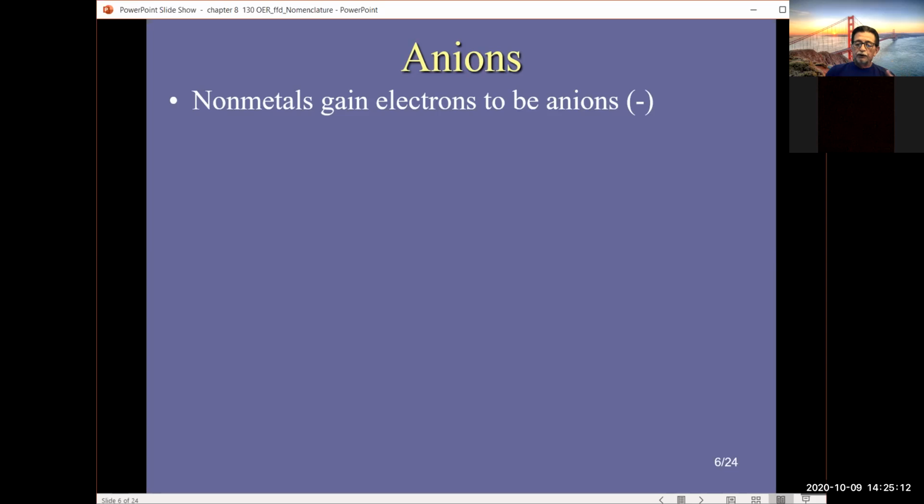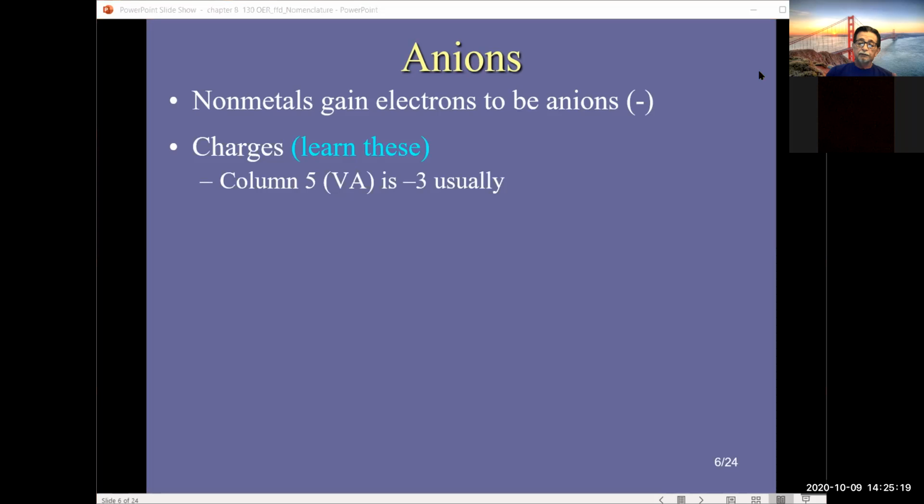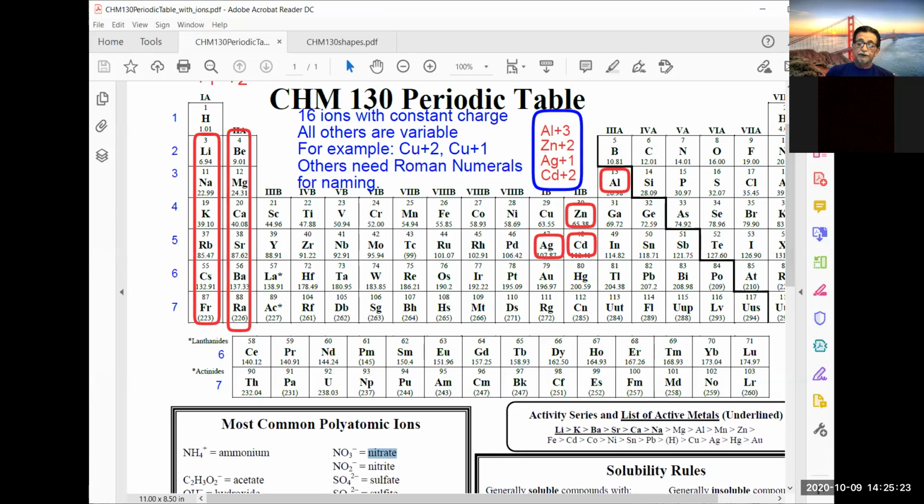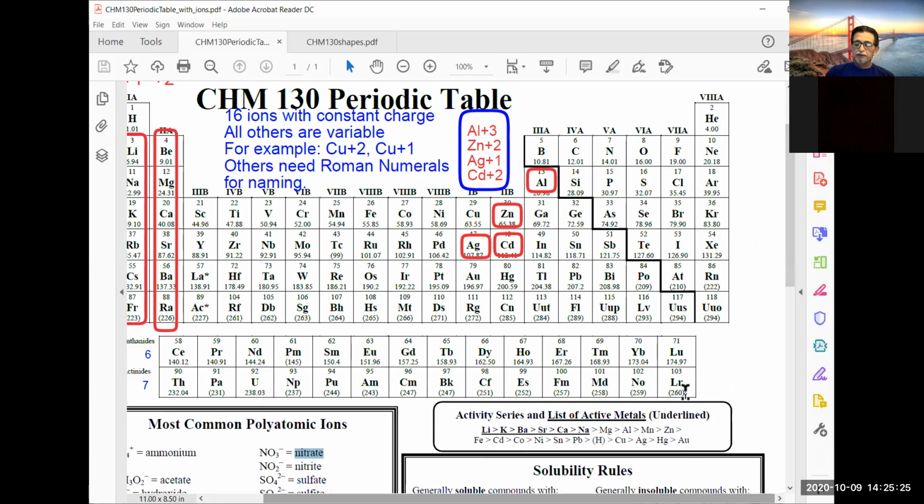Now, nonmetals, we know, gain electrons. Let me go back to the periodic table for a second. I just mentioned earlier about the name, but the name changed. Going back here, we know that in group 5, both the nitride and the phosphide will always have a -3.